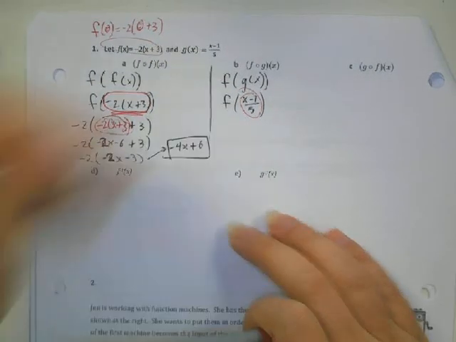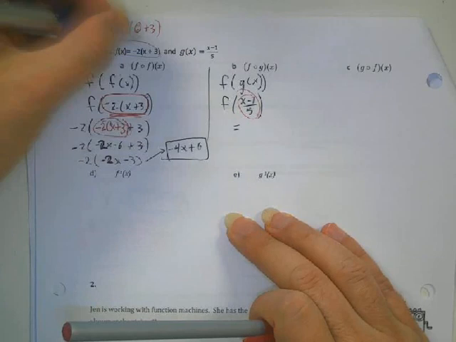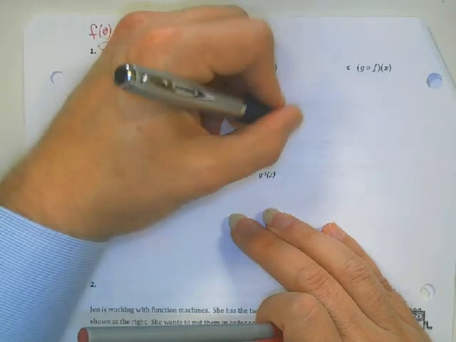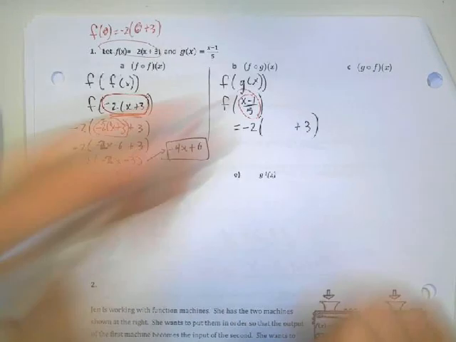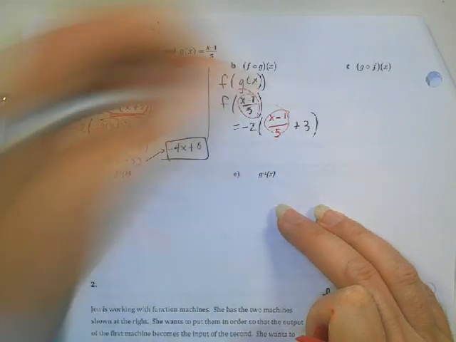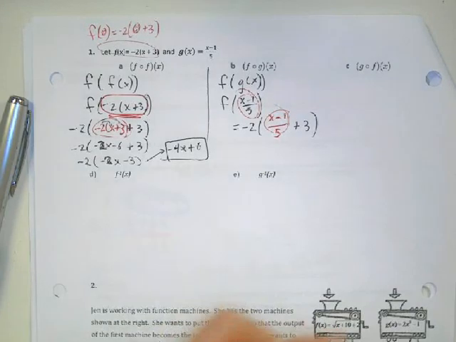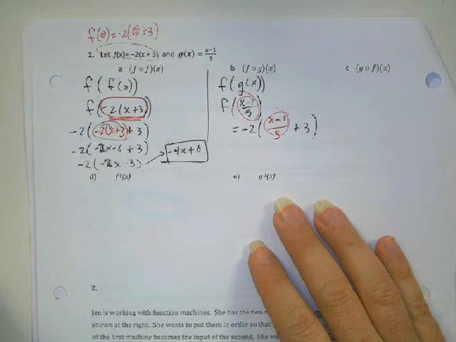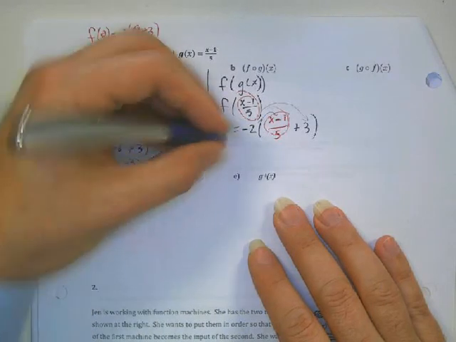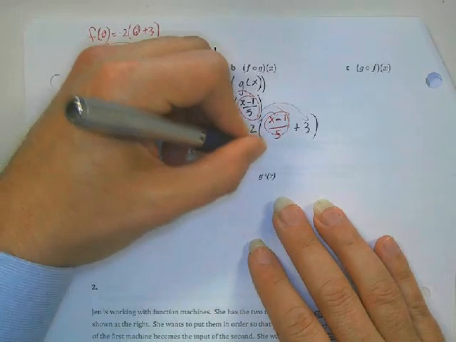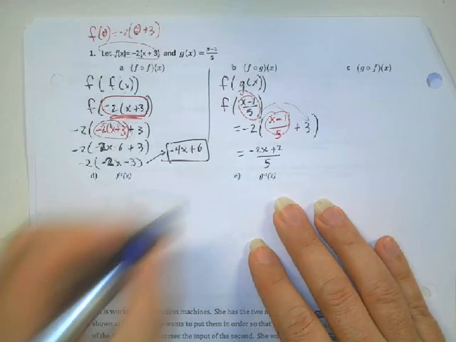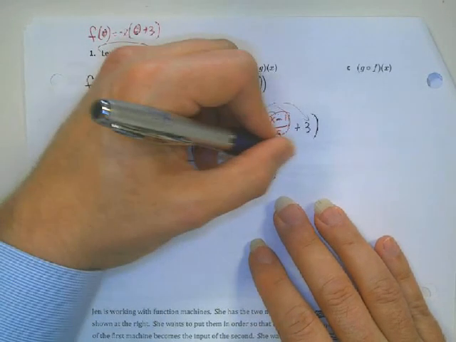So now I've got this is equal to negative 2 times happy face, or red circle, x minus 1 over 5. Okay. And then I do distributive property with that negative 2. So I get negative 2x plus 2 over 5, and then negative 2 times 3 gives me negative 6.